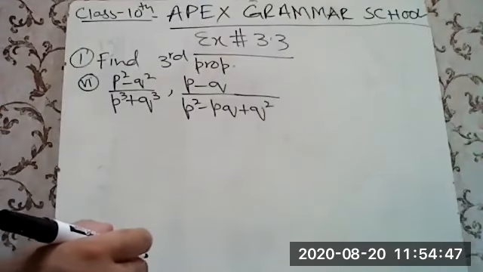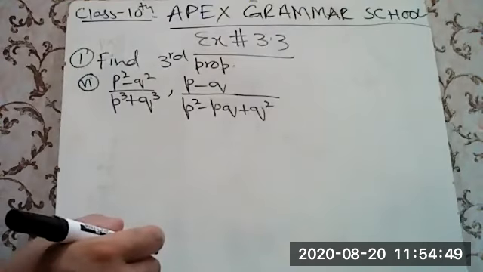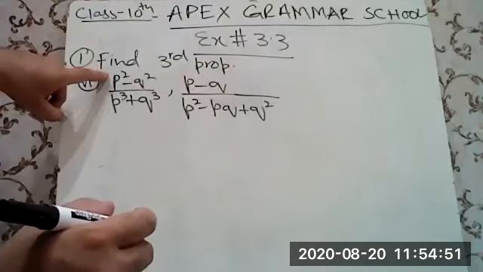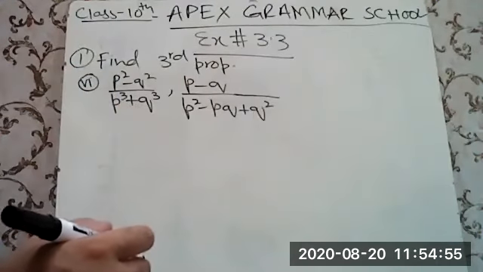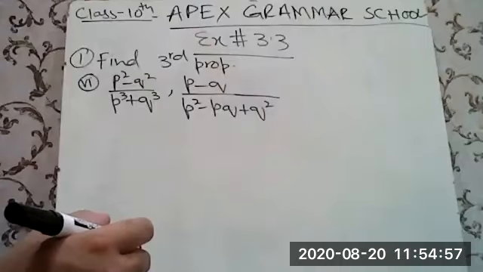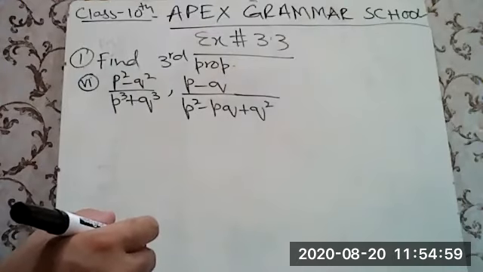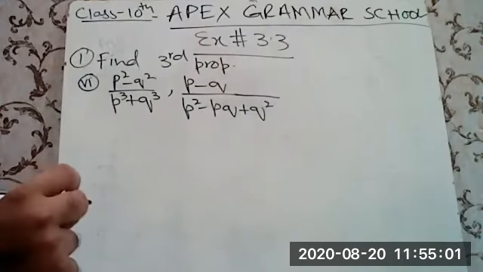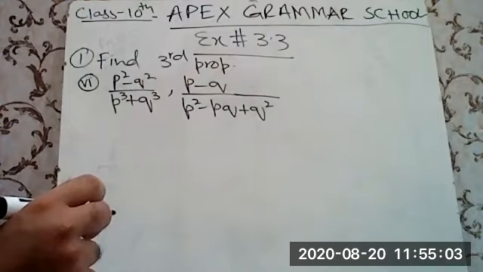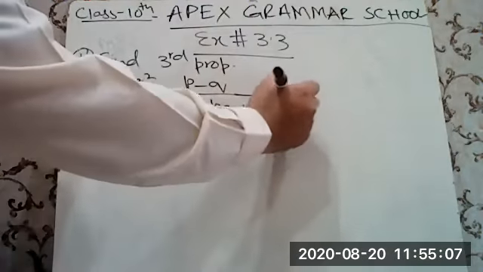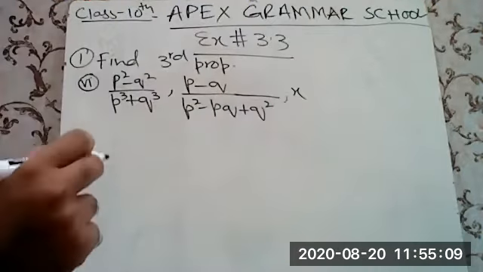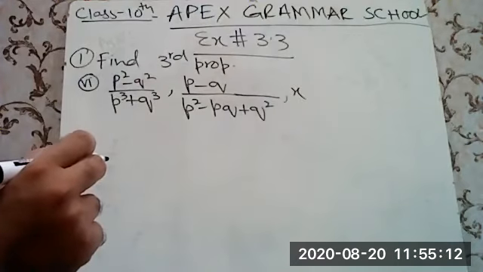Okay, so again, some formulas are going to be used here. p square minus q square is a formula. p cube plus q cube is also a formula. Here you can see that p and q variables are used, so we can say that the third variable is x here.